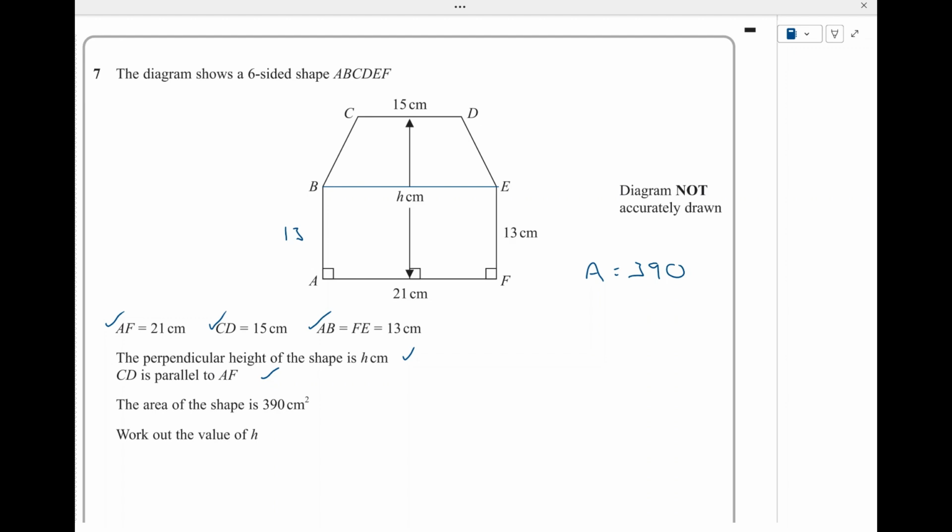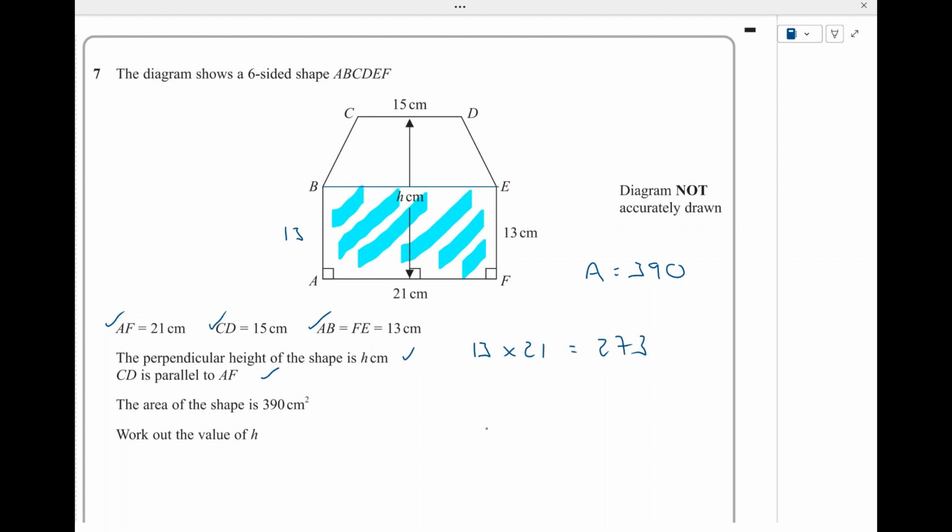Now if the area of the whole shape is 390, I could find the area of that rectangle. So the area of the rectangle is 13 times 21. 13 times 21. So the area of the rectangle is 273.